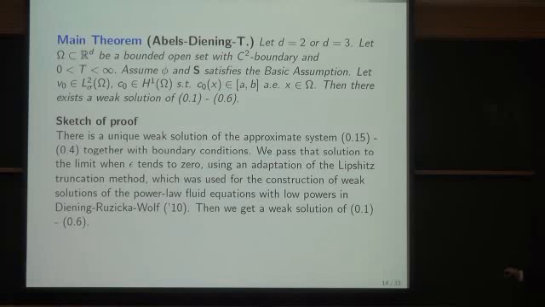And we pass the solution to the limit when epsilon tends to 0 using an adaptation of the Lipschitz truncation method, which was used for the construction of weak solutions of the power law fluid equation with low powers in Diening, Ruzicka, and Wolf. And then we get a weak solution of the original system. So the main difficulty is the use of the Lipschitz truncation method.